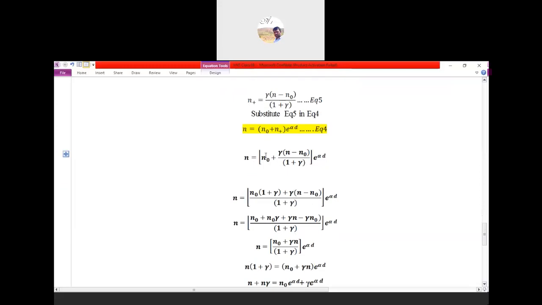So we simplify this equation: n plus is equal to gamma n minus n naught minus n plus. Taking the similar terms, n plus is equal to gamma n minus gamma n naught minus gamma n plus. Now we are taking this one.